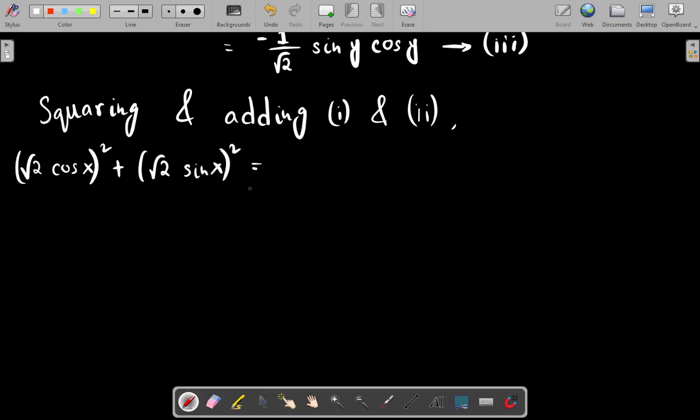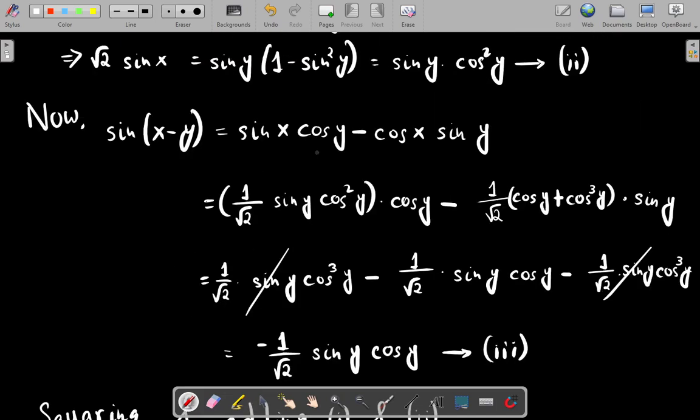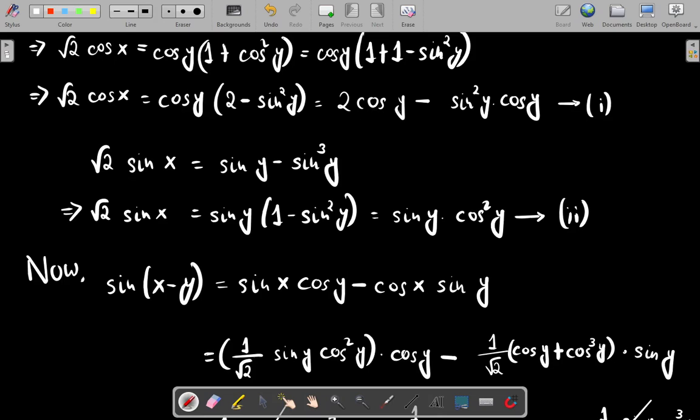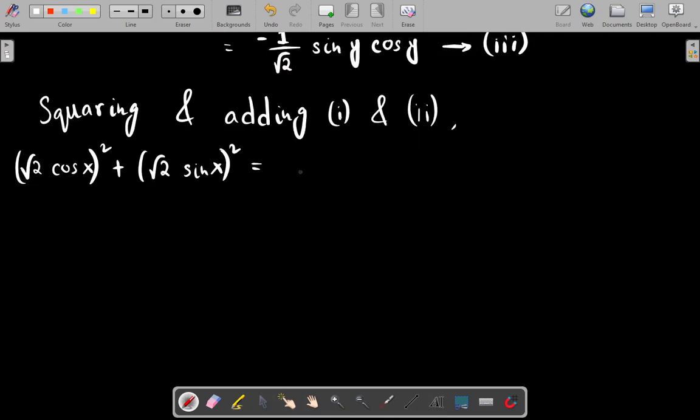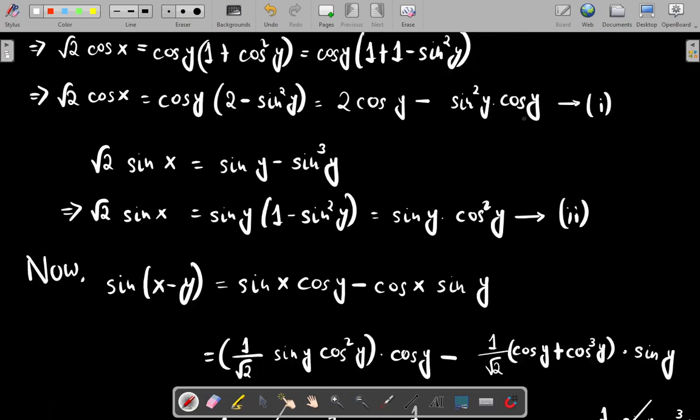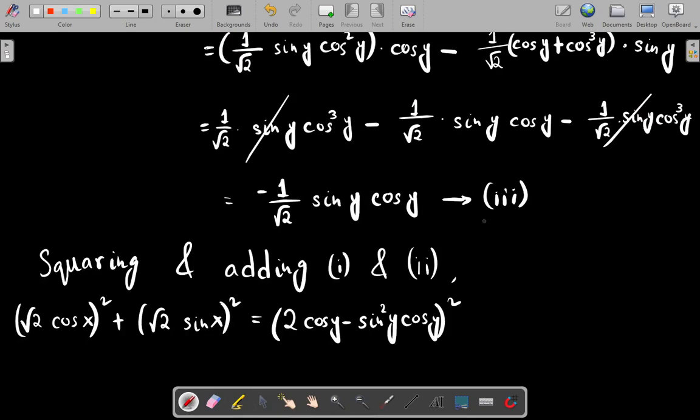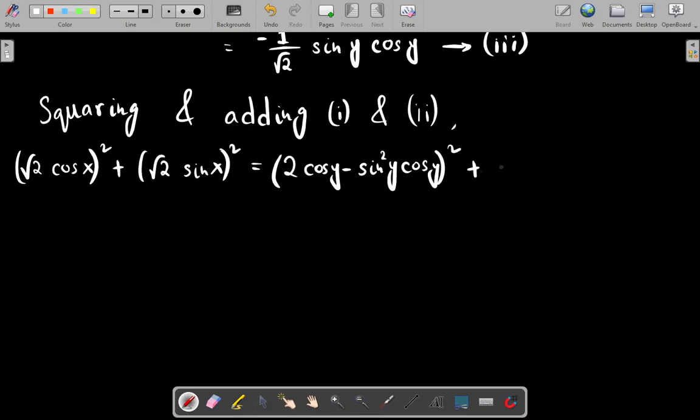Root 2 sin x whole square is equal to, in the RHS of equation 1, this was 2 cos y minus sin square y cos y whole square. And in equation 2, the RHS is sin y cos square y whole square.